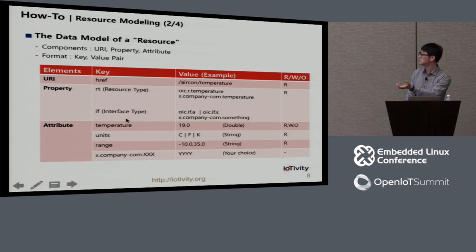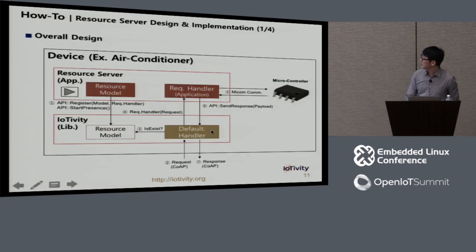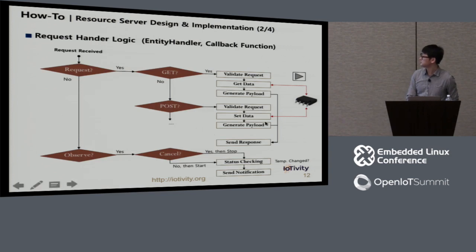Only a request with the temperature attribute with some value is a valid one. So that kind of logic should be captured when validating the request. And then if you think that this is a valid request, then send the data change to the microcontroller and then create a payload and send it out.